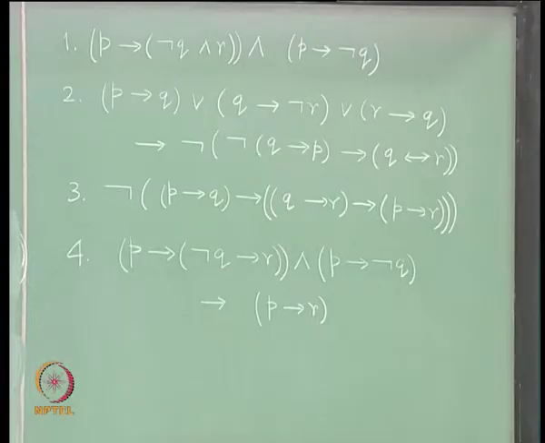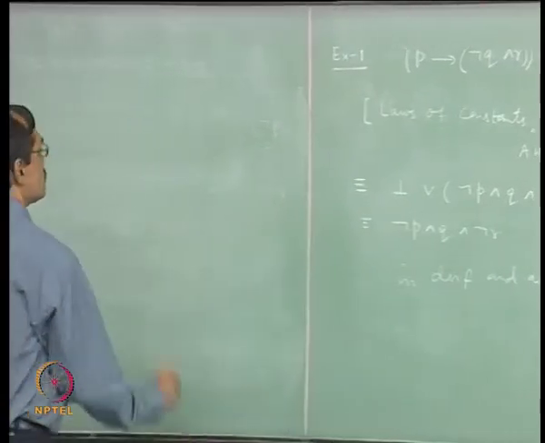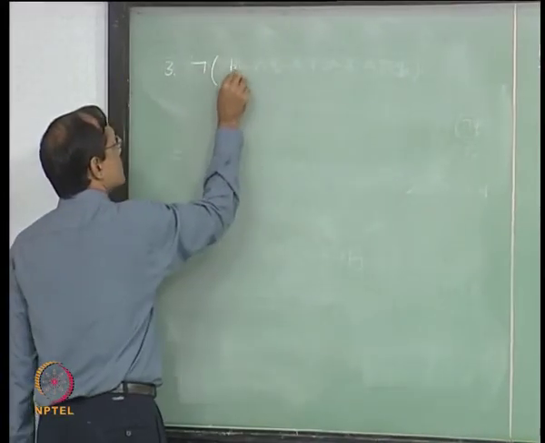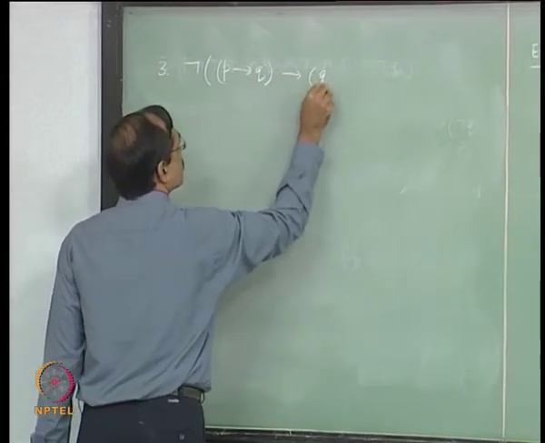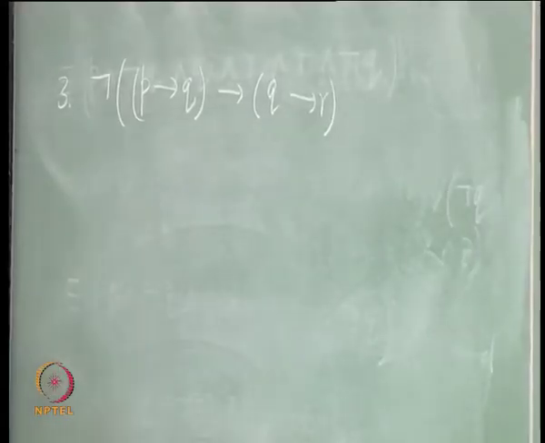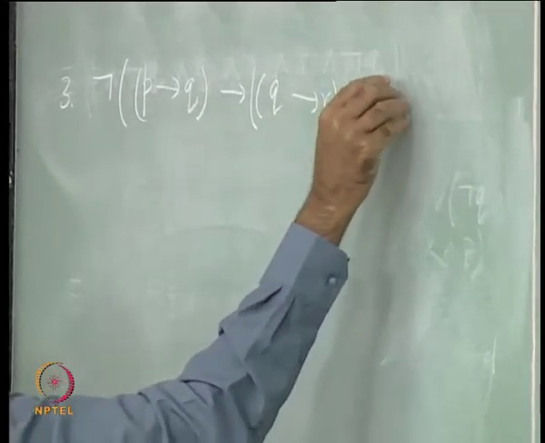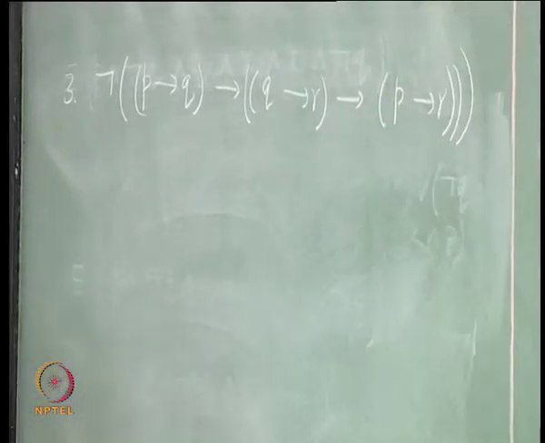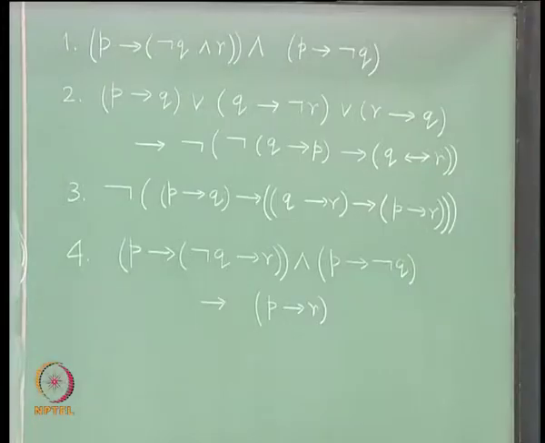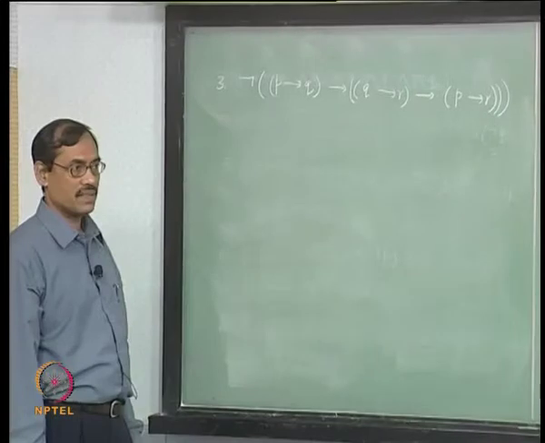So, let us take the problem 3. Now, you want to convert it to DNF or CNF and decide whether this is unsatisfiable or valid.